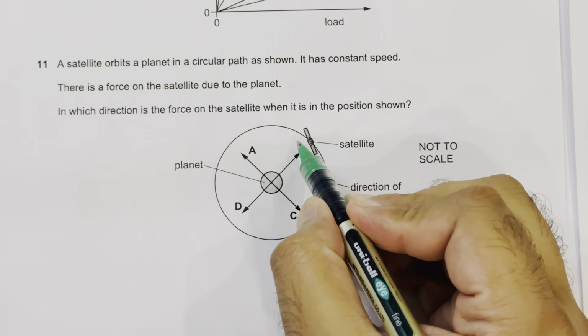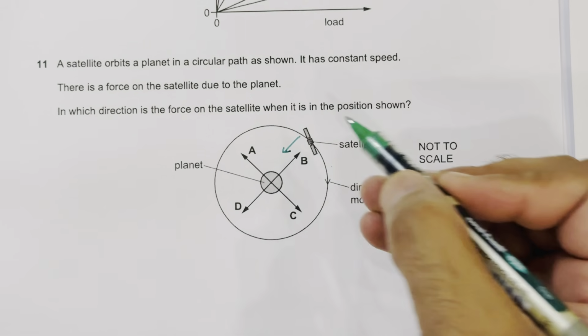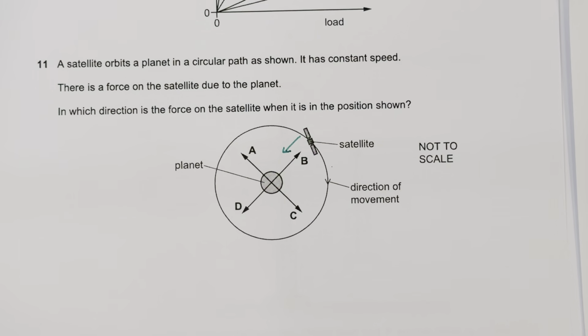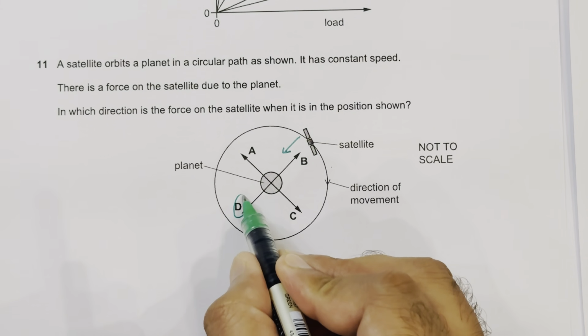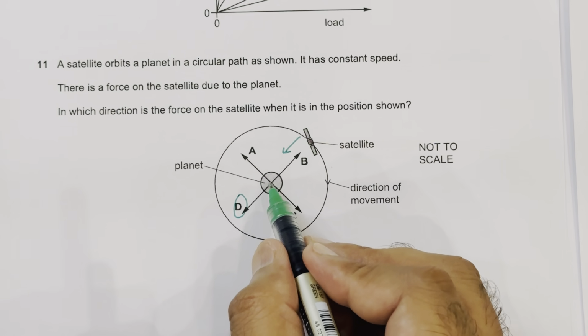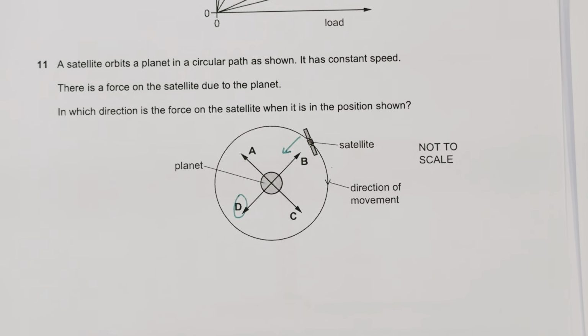We already know that its direction should be in that direction, because of the gravitational pull of the Earth, so option D is showing that direction. Although it is not clearly showing, the examiner is confusing us, so that's why option D is the correct answer. Options B, A, C cannot be possible.